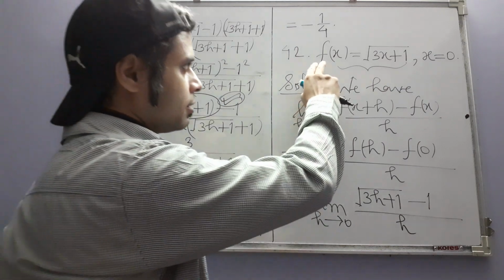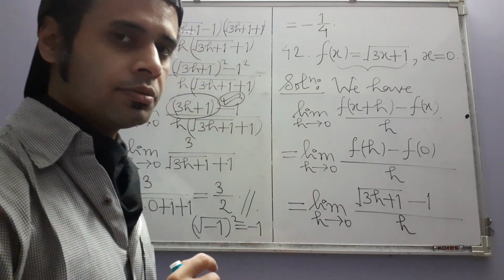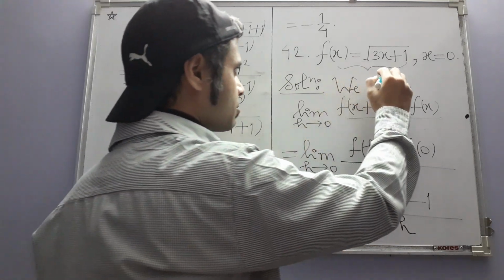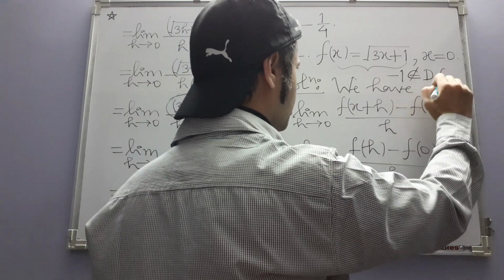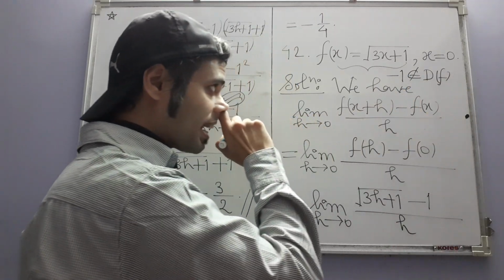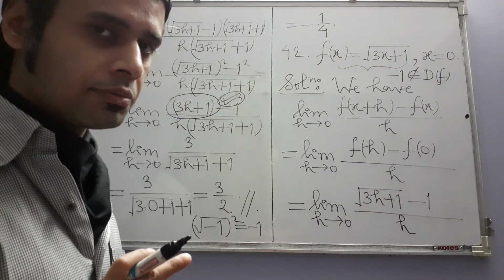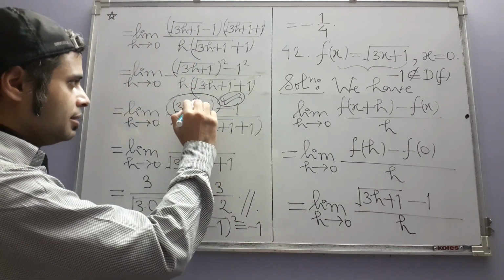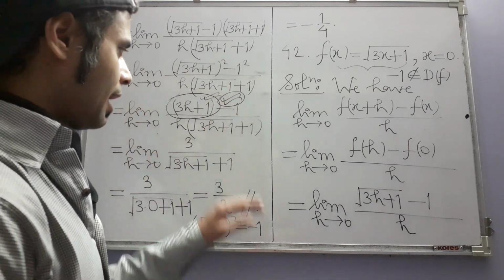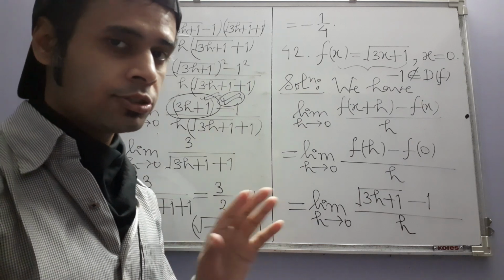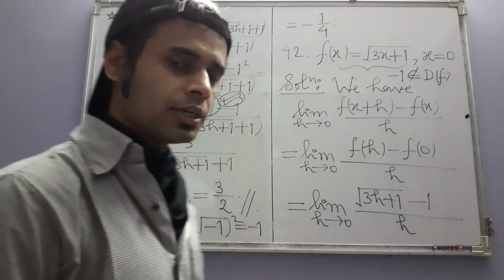Since we are assuming f to be a real valued function, -1 is not an element in the domain of f. So you go back to how we found natural domains, and from there you will get an idea of how 3h plus 1 is non-negative. I believe it will be non-negative, but there should be a reason, right? So you please do that.